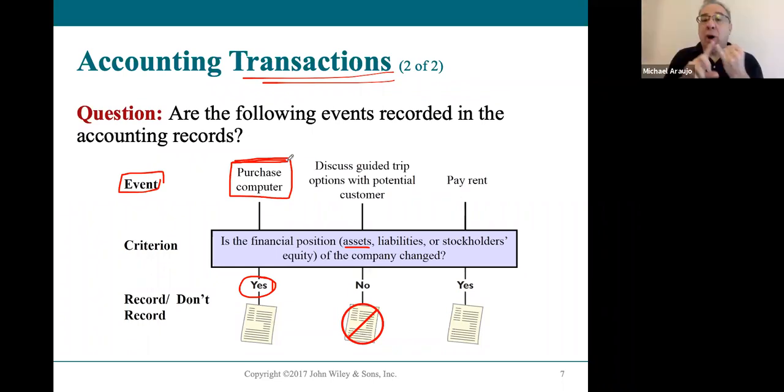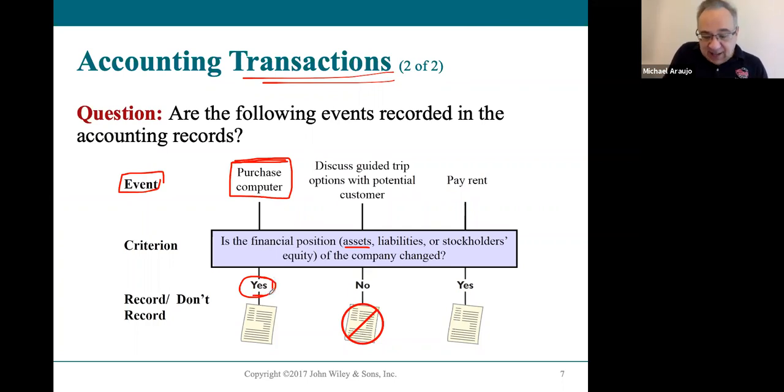Okay, so we bought more equipment, so we definitely have the equipment account affected. But now we have a bill that we need to pay in 30 days. And as you know, that's an accounts payable. So accounts payable is affected, right? Because now we have a bill to pay in 30 days. So that's something that you have to really think about. When an event occurs, did the financial position of the company change?